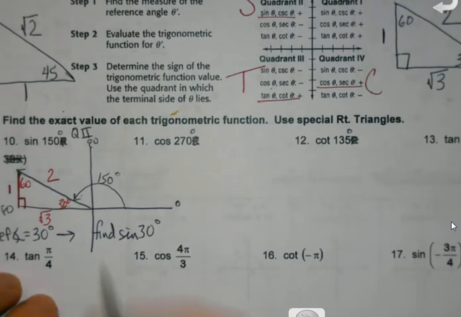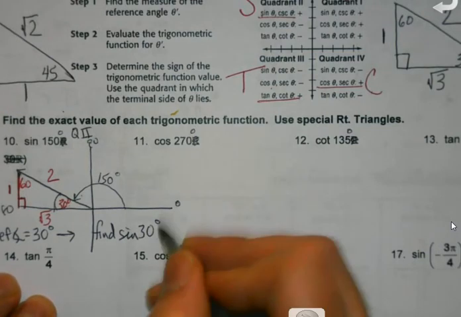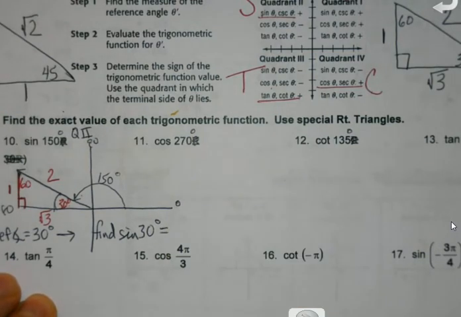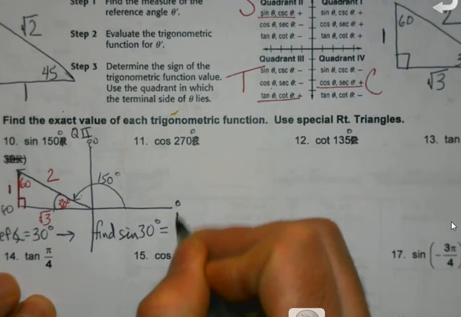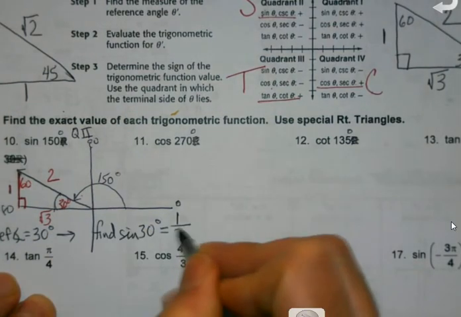So the sine of 30, here's my 30-degree angle. I'm not going to punch it in the calculator because I don't need to. Which sides do I use for sine? Try that again. Yeah, opposite over hypotenuse.